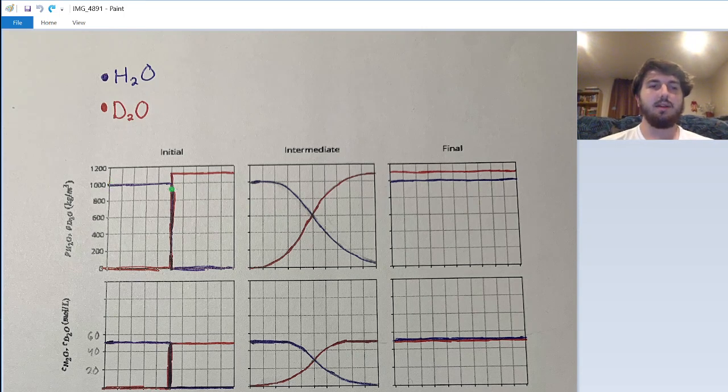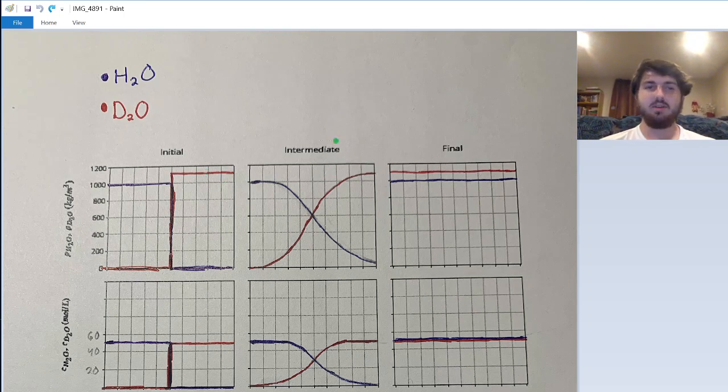And so the mass concentration of the water is 1,000 kilograms per meter cubed all across this left side, but at the divider it drops down to 0 because there is no H2O on the right side. The opposite is for the D2O. The D2O is at 0 on the left side from 0 to 5 centimeters, but it rises up to 1,110 kilograms per meter cubed once it hits the right side of the divider at 5 to 10 centimeters.